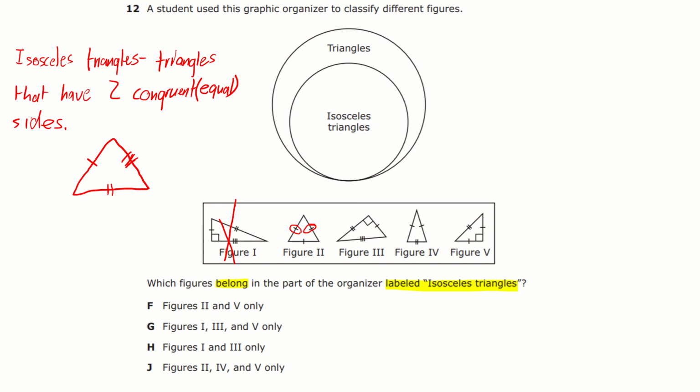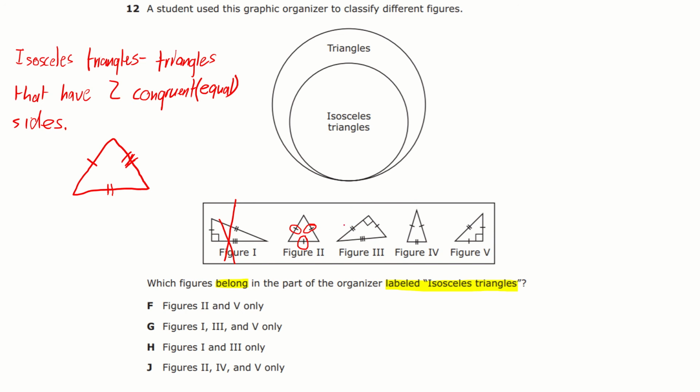People will usually get confused because this third side has the same number of tick marks as these 2 other sides, but as long as we have two sides that are congruent, this figure should be considered an isosceles triangle. A more specific term for this would be equilateral triangle, but that's for another video.